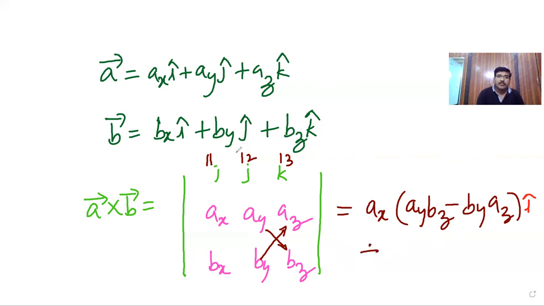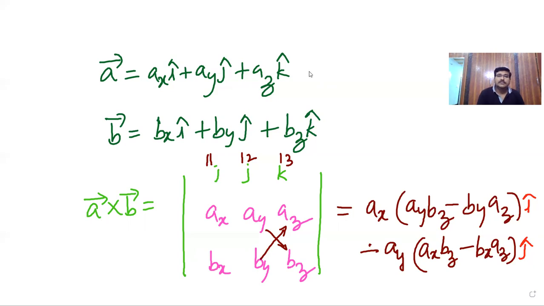Observe, minus 1 to the power of i plus j, so for 1 plus 2 it becomes minus. So minus AY. Leave this second column and first row. Then AX BZ minus BX AZ into J bar.